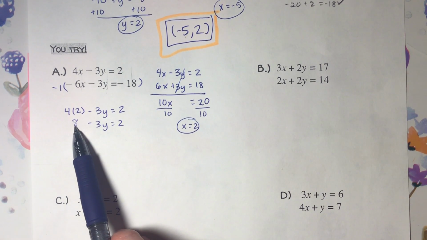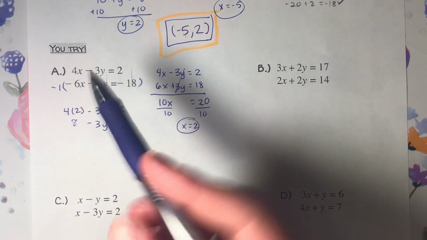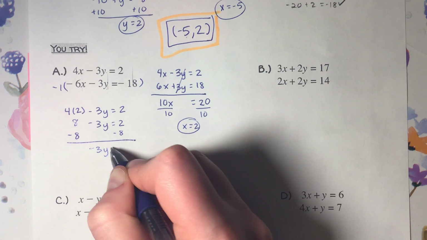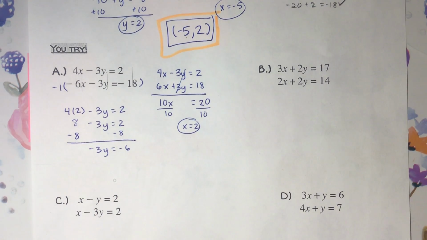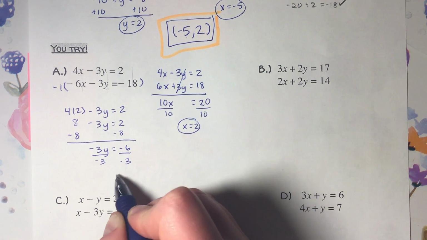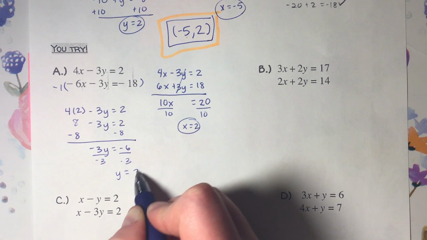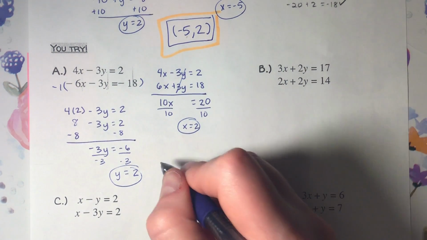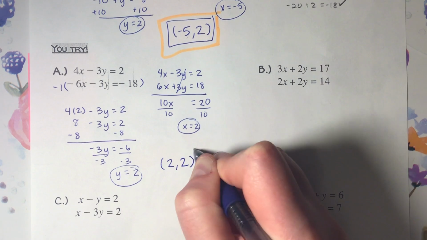I'm going to subtract 8 from both sides because I'm trying to isolate this y. So now I'm at negative 3y is equal to negative 6. Divide by negative 3 on both sides, and I get y is equal to positive 2. So my coordinates should be 2, 2.